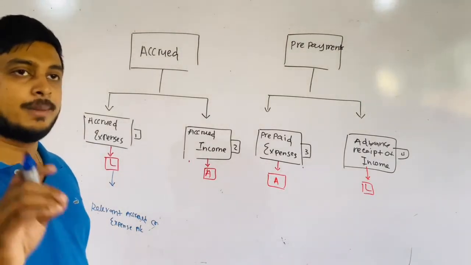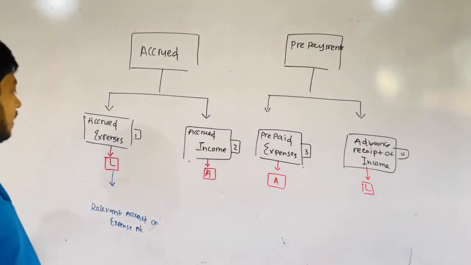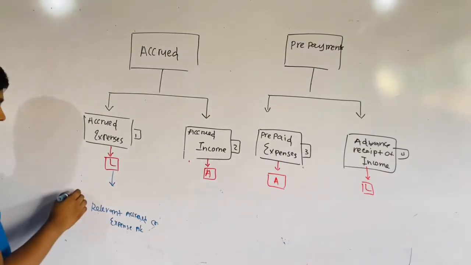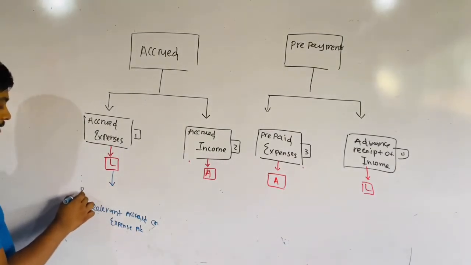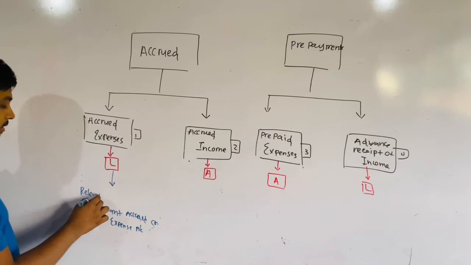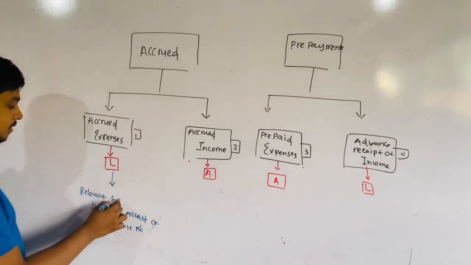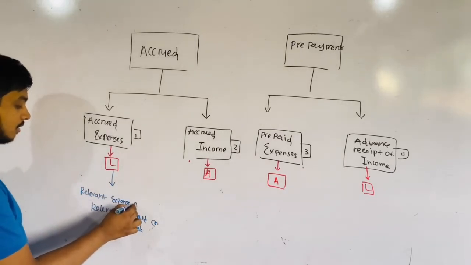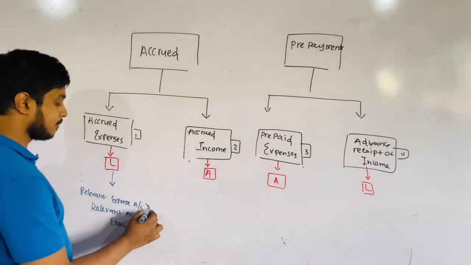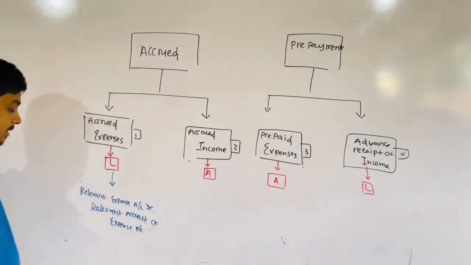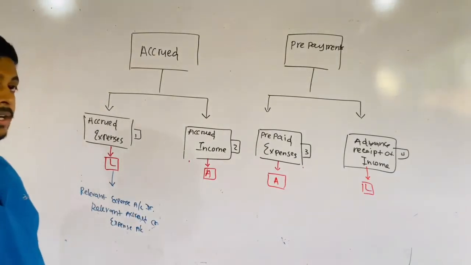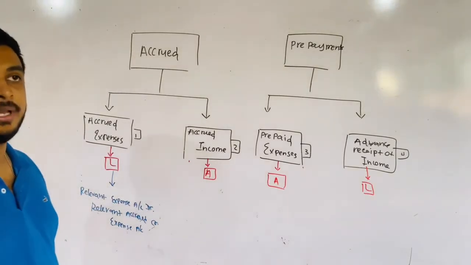You have to debit your expense account. The relevant expense account should be debited and the relevant accrued expense account should be credited.